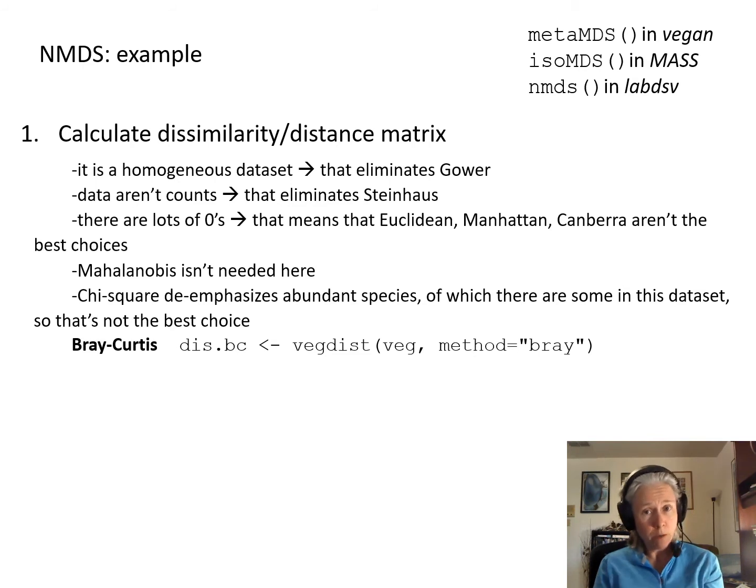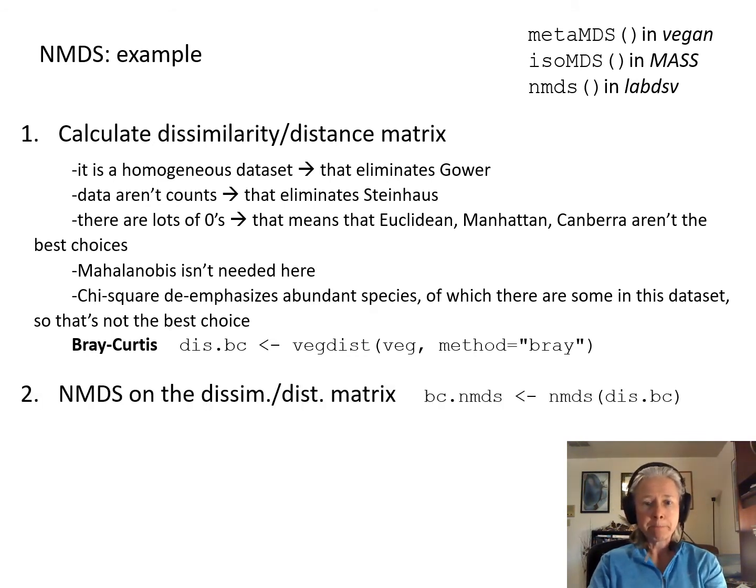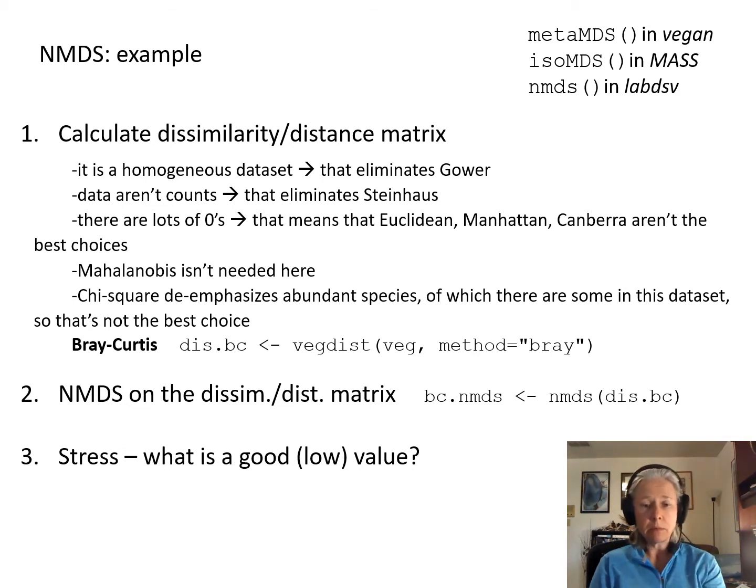That is the most commonly used distance metric for NMDS. It's the default method in vegan, in fact. So this is what we did: create the distance matrix, and then you perform the NMDS on that using, in this case, the labdsv package that we used first.